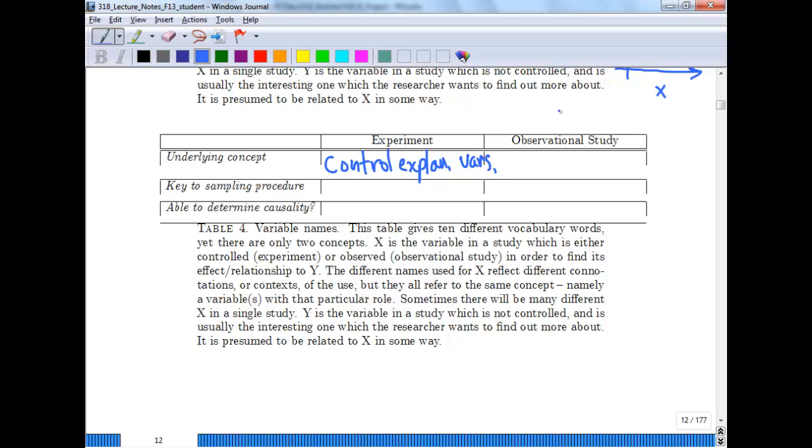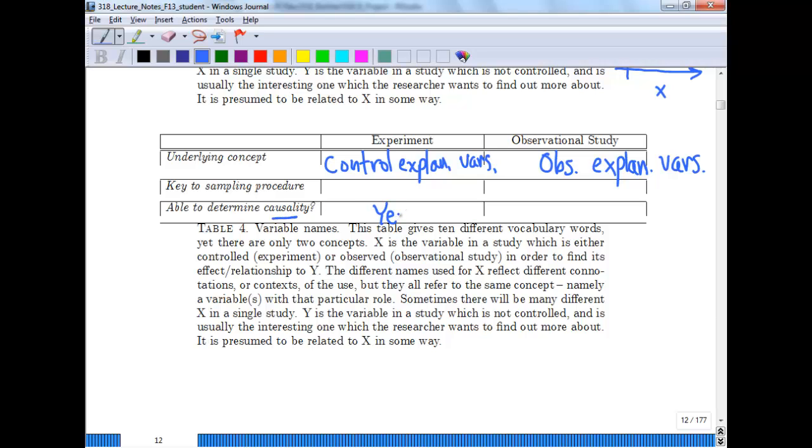Whereas by contrast, in the observational study, there is no control of the explanatory variables. What we're doing is we're simply observing the explanatory variables. Okay, no control. As a result, are we able to determine causality in the experiment?